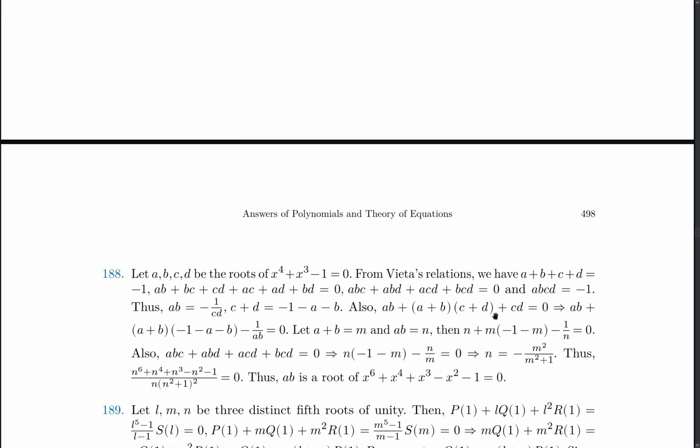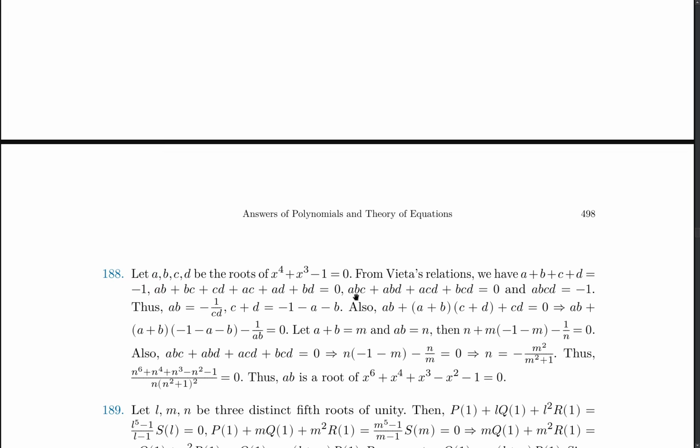So now we substitute the values of CD and C plus D. So we get AB plus A plus B into minus 1 minus A minus B minus 1 by AB is equal to 0. We let A plus B is equal to M and AB is equal to N. So the equation becomes N plus M into minus 1 minus M minus 1 by N is equal to 0.